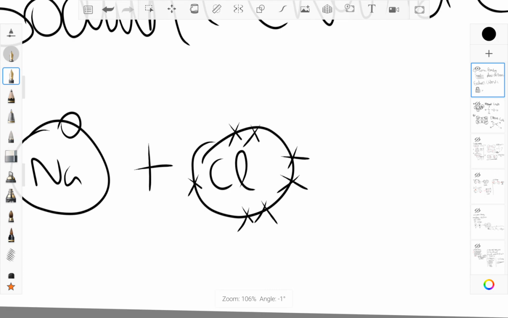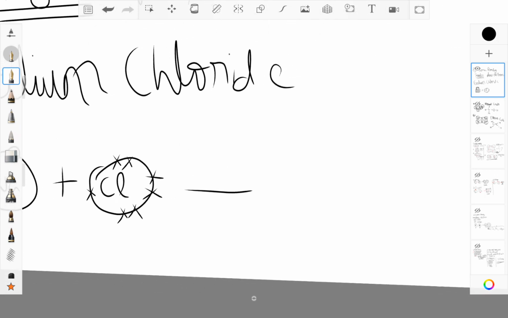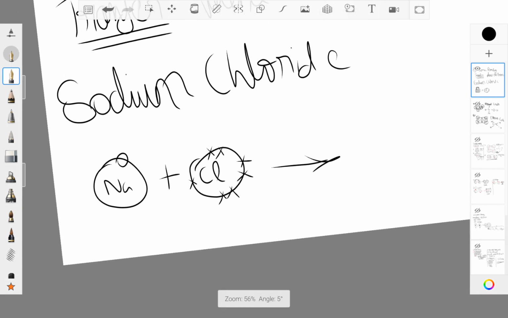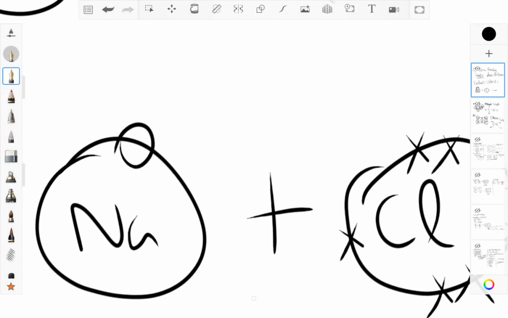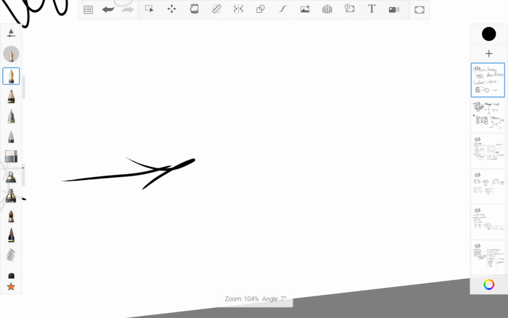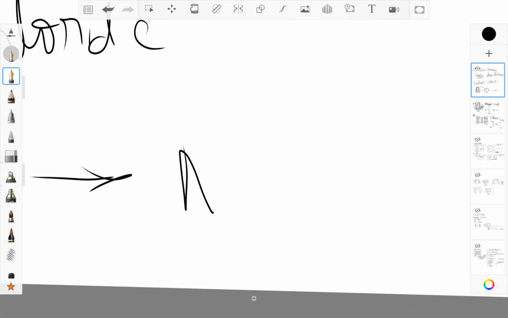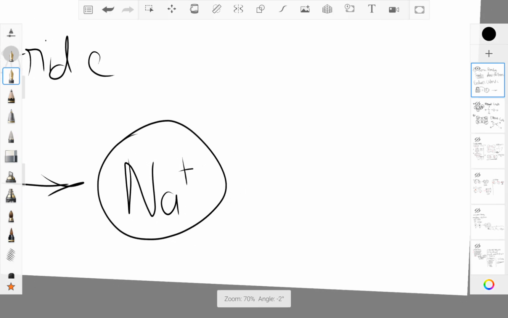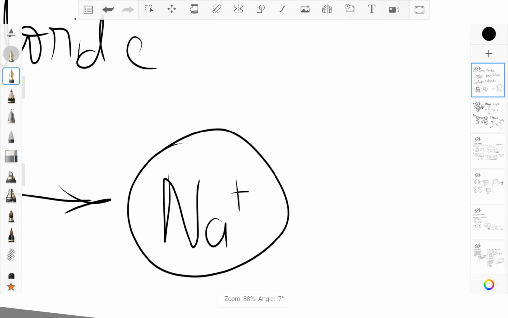Now, when these two react, since sodium has less than 4 valence electrons, it gives up its electron to the chlorine atom, and this causes the formation of a sodium ion, Na+. Its valence shell is technically empty, but its second shell will now have 8 electrons.